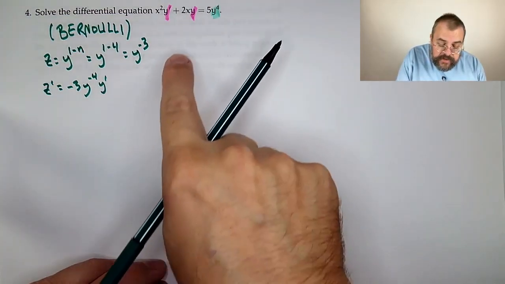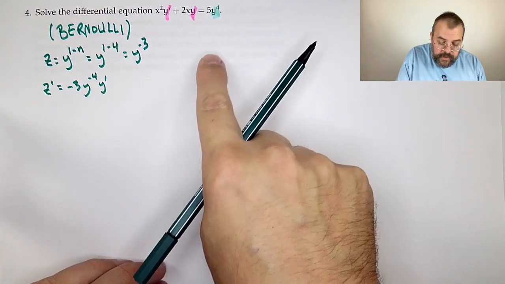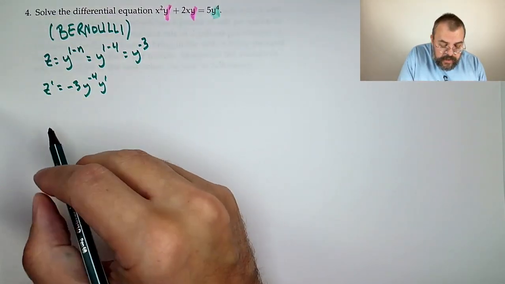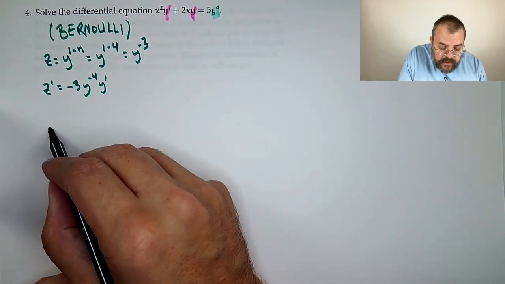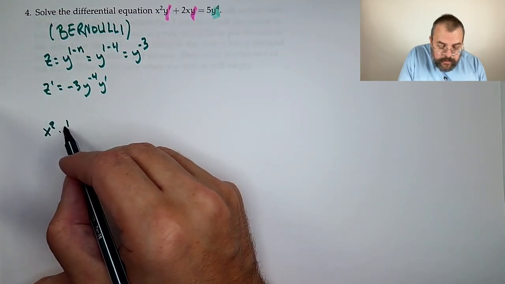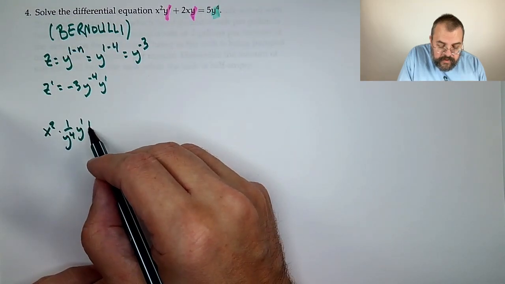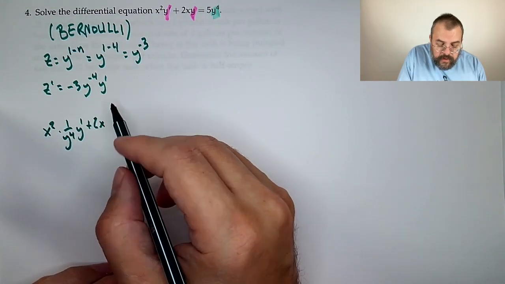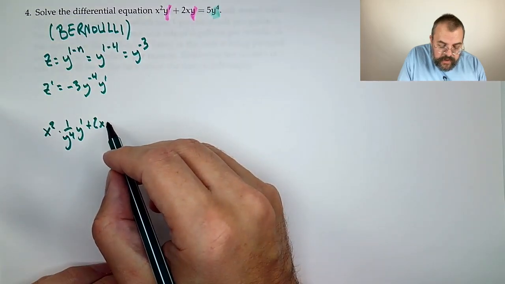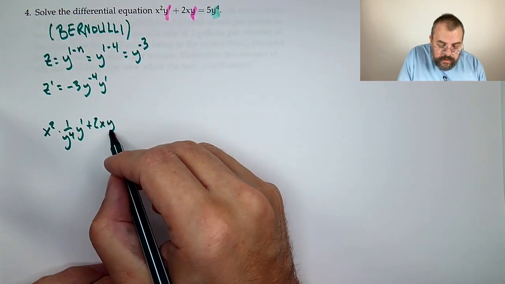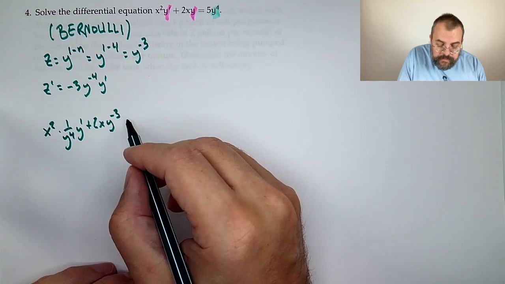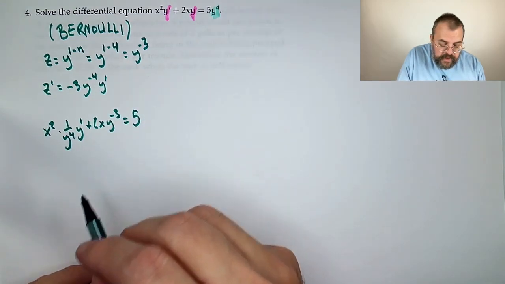How does that relate to the original one? Divide everything by y to the 4th. What you get is x squared times 1 over y to the 4th, y prime, plus 2x y divided by y to the 4th, which is y to the minus 3, equals 5.